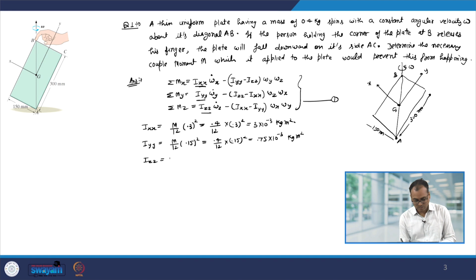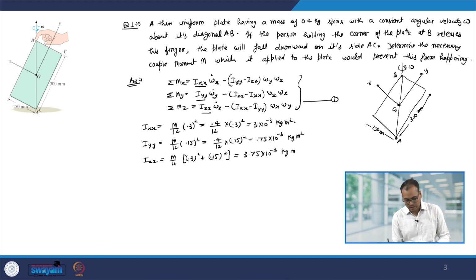So, Izz will be m by 12 times Ixx plus Iyy, so 0.3 square plus 0.15 square, and that comes out to be 3.75 into 10 to the power minus 3 kg meter square. So, we have the Ixx, Iyy and Izz.